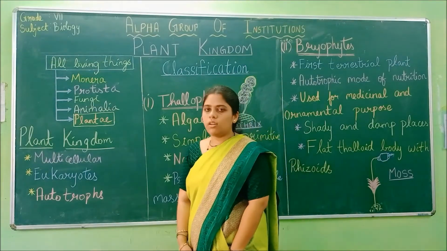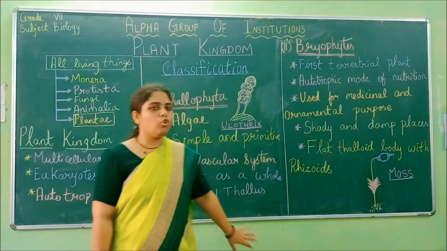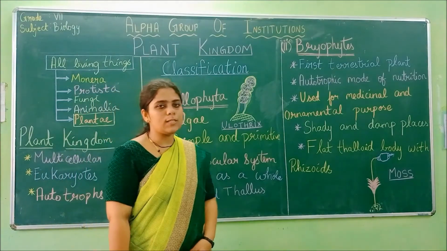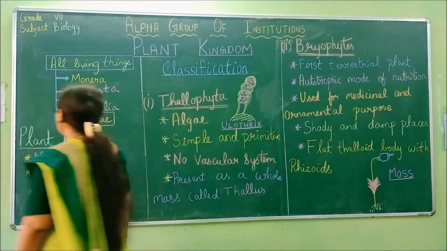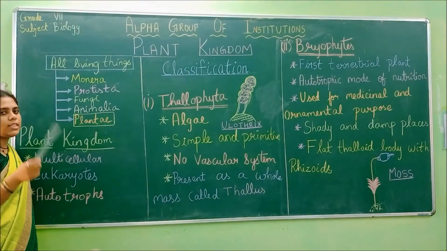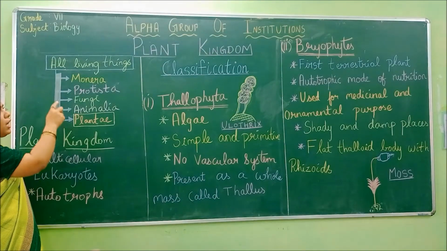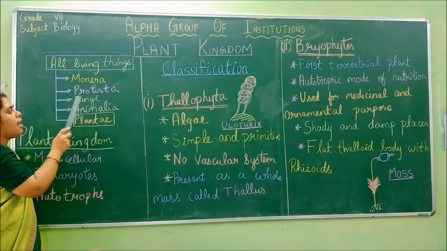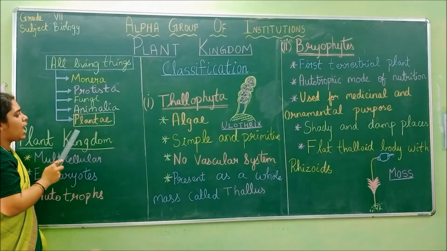So I have taught the first two phyla of the plant kingdom. Now I am going to give you a small recap. You see, first all the living things, the plants, the animals, the microorganisms, all are divided into Monera, Protista, Fungi, Animalia, Plantae.